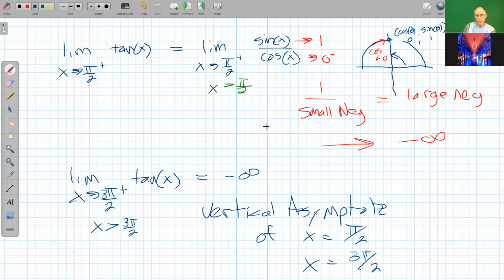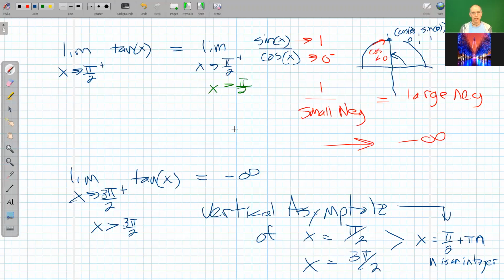So if we wanted to generalize this further, we could take that pattern and say, if we take x and then starting at pi over 2, we add on multiples of pi, where n is some integer, then we've named all of the vertical asymptotes with that expression there.